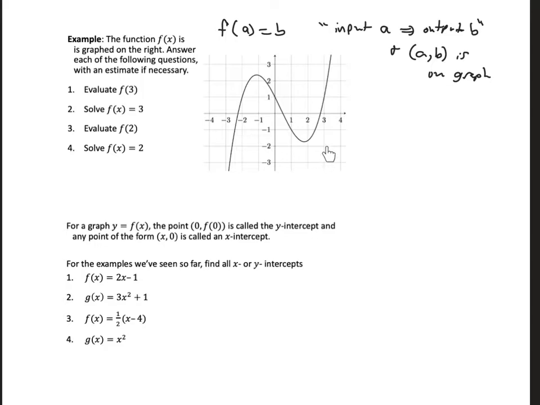Notice there's only one point on the graph when the input is 3. So the output when the input is 3 is 1. This point right here is the point (3, 1), so (3, 1) is on the graph. Therefore, f of 3 equals 1.